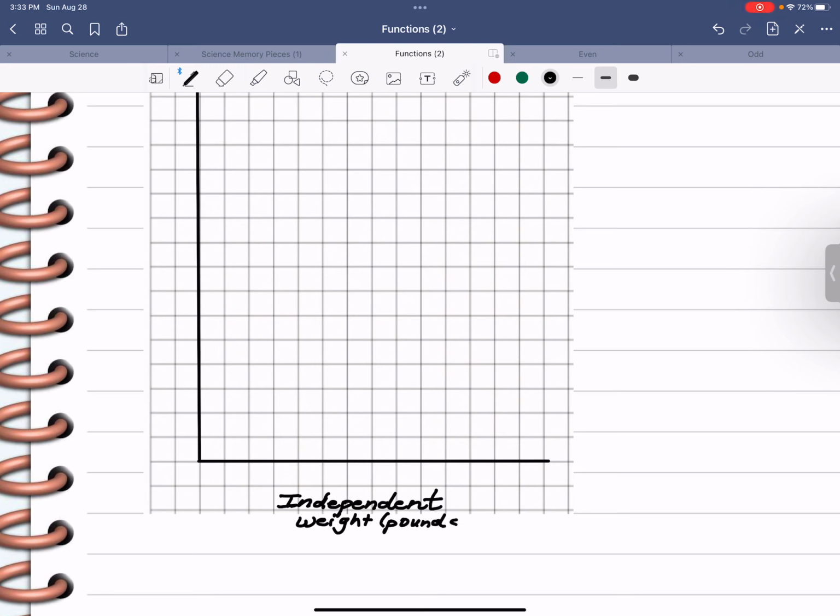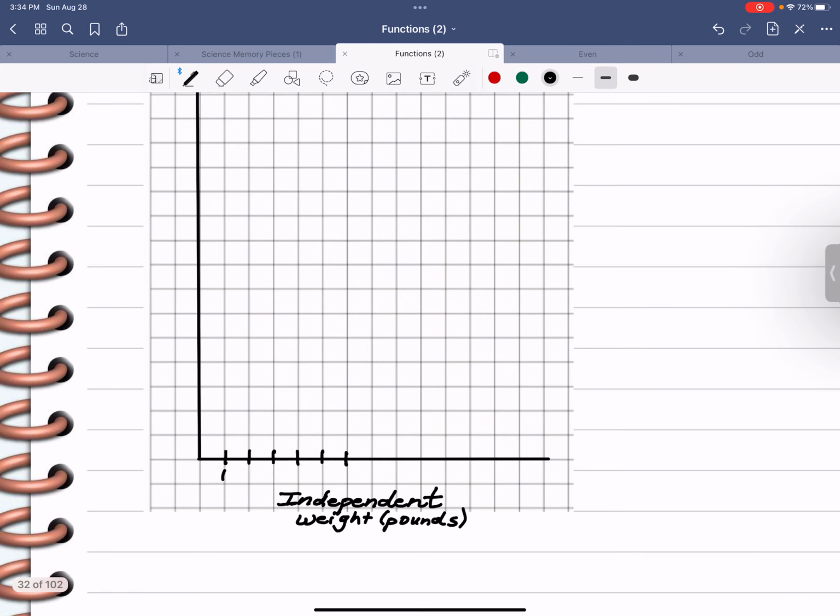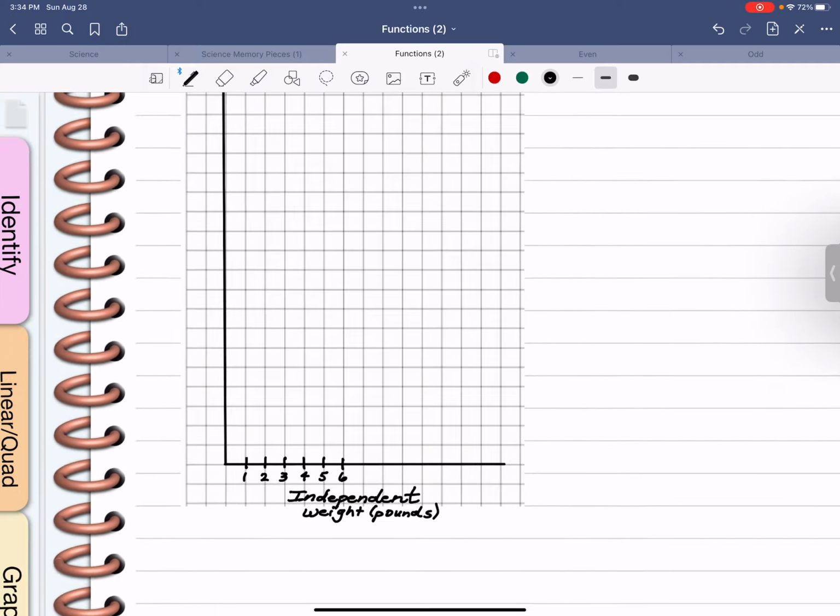I don't know why I think I have to take everything. So you decide if you have 1 pound, 2 pounds, 3 pounds, 4 pounds, 5 pounds, 6 pounds, all that. So 1, 2, 3, 4, 5, 6 to infinity. You can make it as heavy as you want it to be.